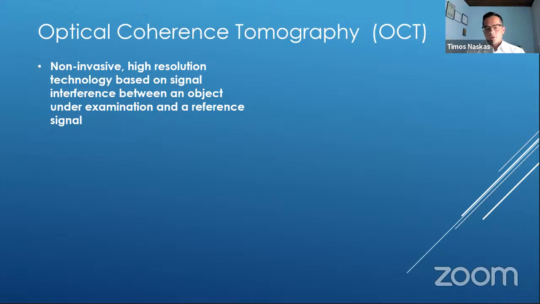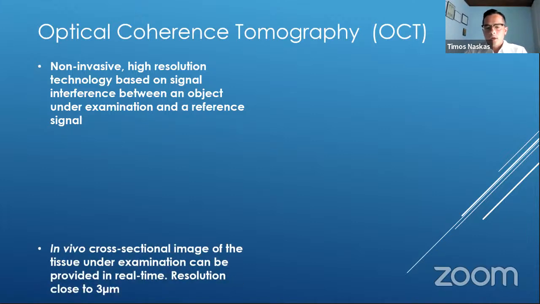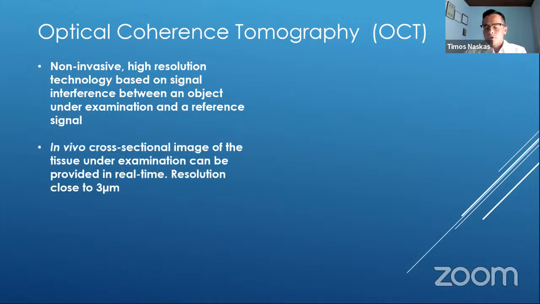Whenever they come back, the two beams are going to have differences in terms of time and amplitude, and the interference created will create a pattern which will result in an image, an in vivo cross-sectional image of the tissue under examination, and that can be provided in real time.